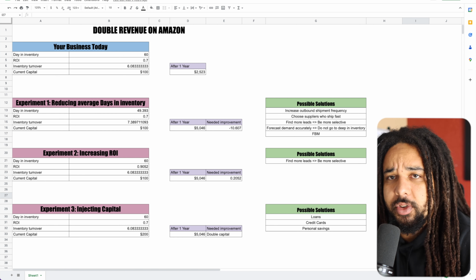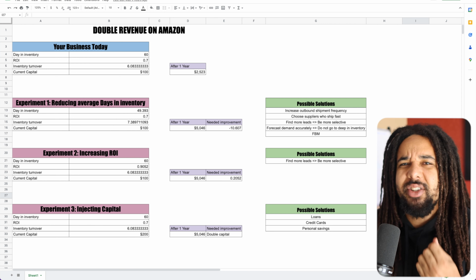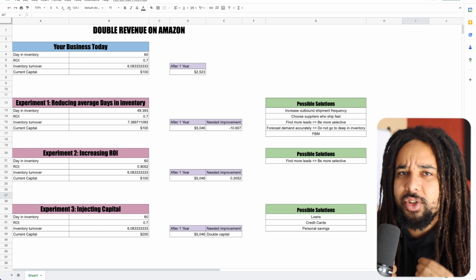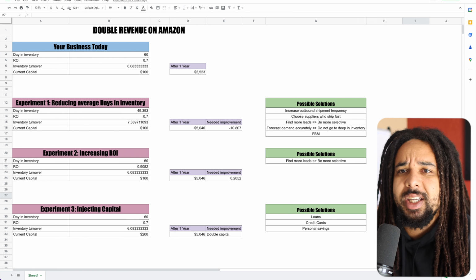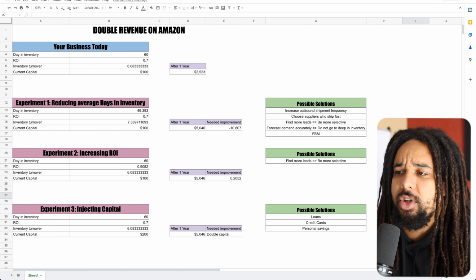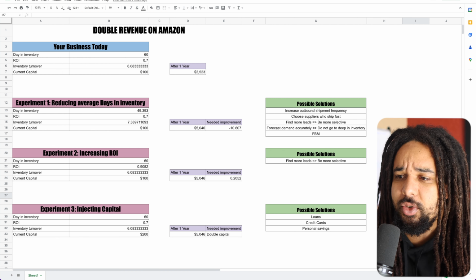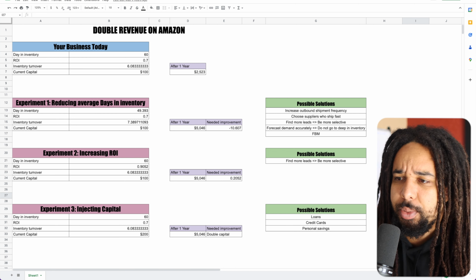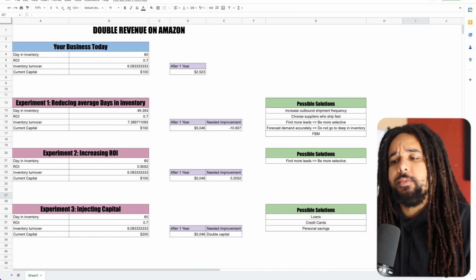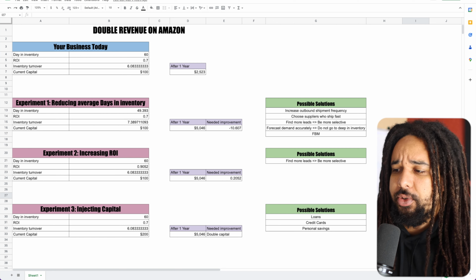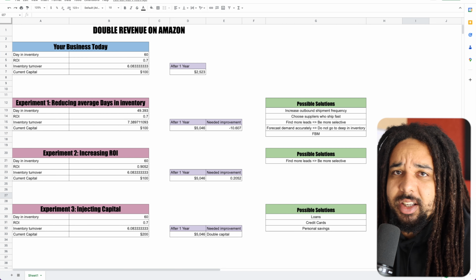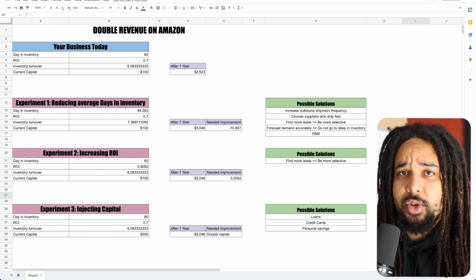You really need to understand your numbers before you start using any credit in your business. You need to understand how long it's going to take you to repay this credit, and if your business can actually support it, right?